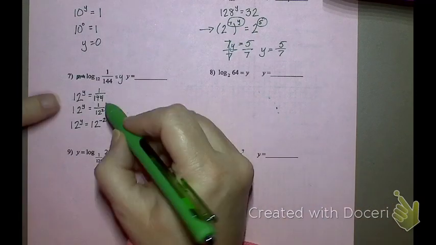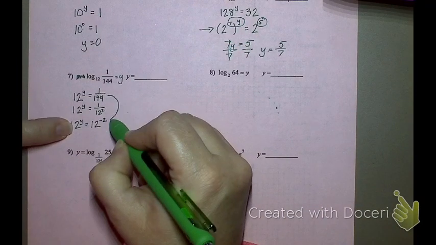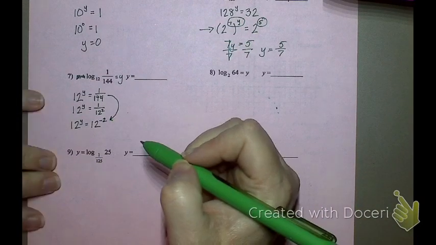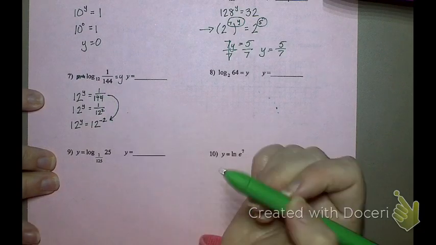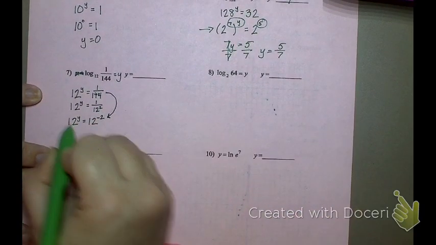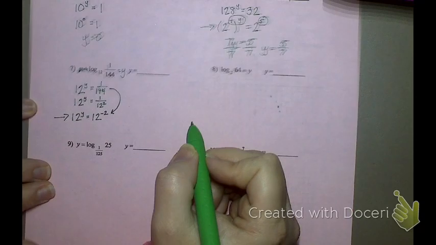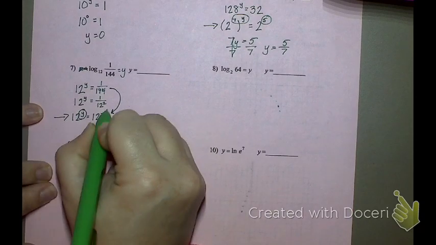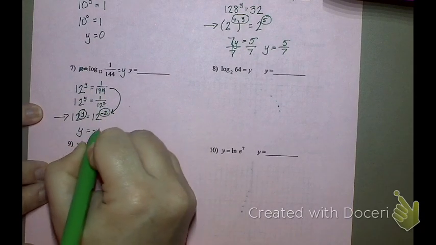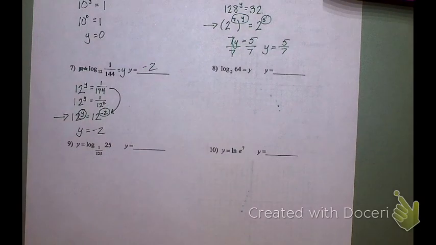So you technically can jump straight from there to here if you want to. But if you don't see that, then write it in that way. So now that I have my matching bases, again, that's the important step that I need to see. I can now conclude that y equals -2. So I'm just going to type in -2. Okay, questions there? All right.